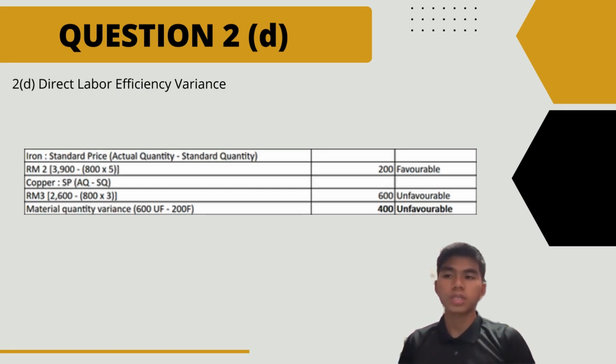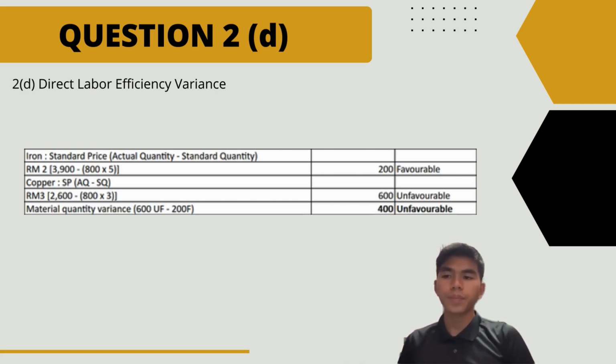Proceed to next question 2D, direct material quantity variance. For the iron, we use the formula standard price times actual quantity minus standard quantity. So 2 ringgit times 3,900 minus 800 times 5. So we got 200, which is favorable because standard quantity is higher than actual quantity.